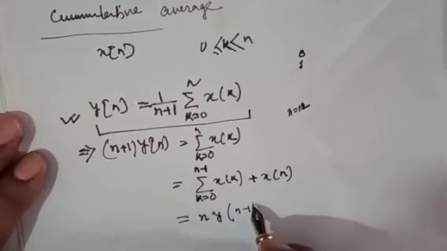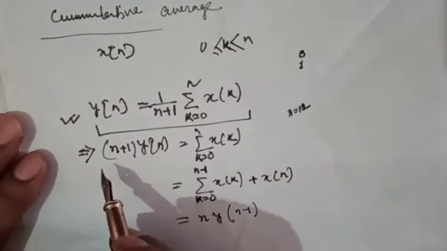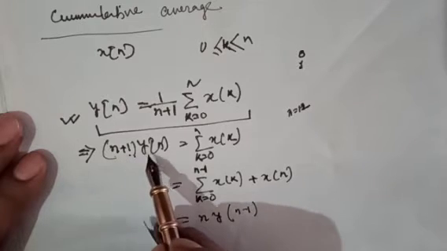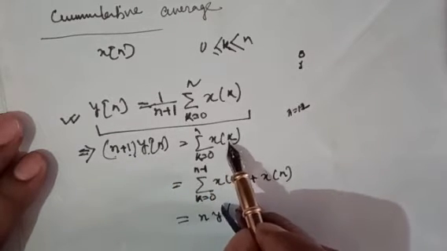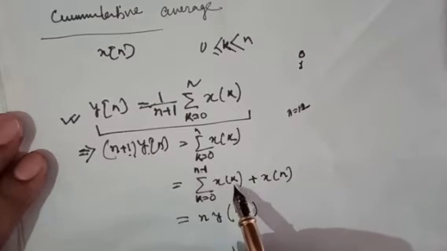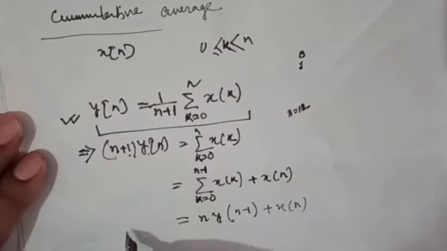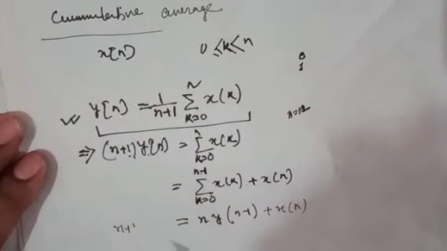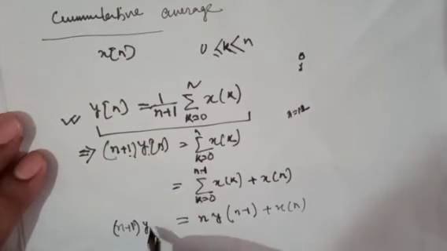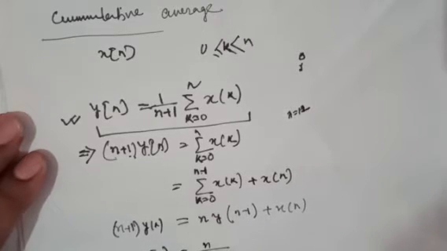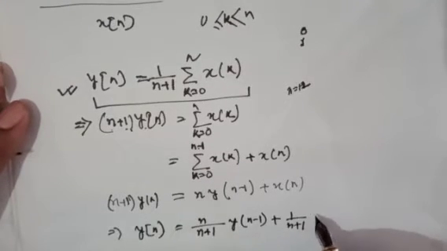Now it is 0 to n minus 1 of x of k, so it will be n into y of n minus 1 plus x of n. So here it will be (n plus 1) y of n, from which you can easily get y of n is equal to n divided by (n plus 1) times y of n minus 1 plus 1 by (n plus 1) times x of n.